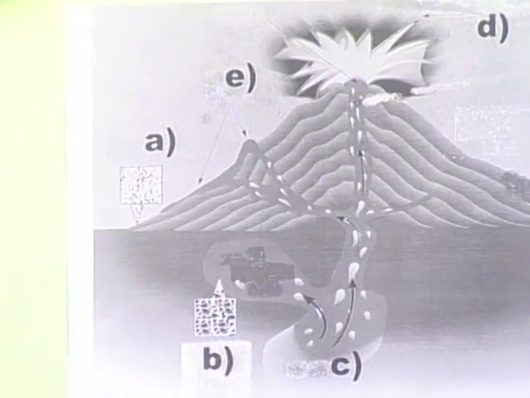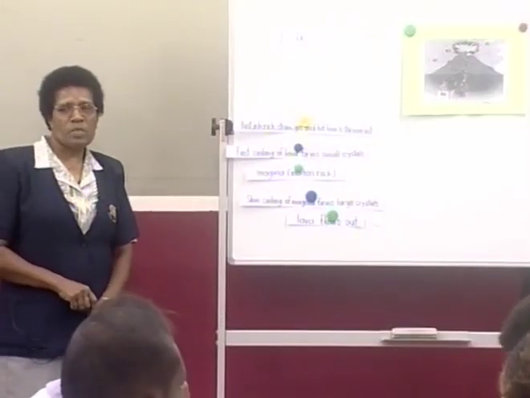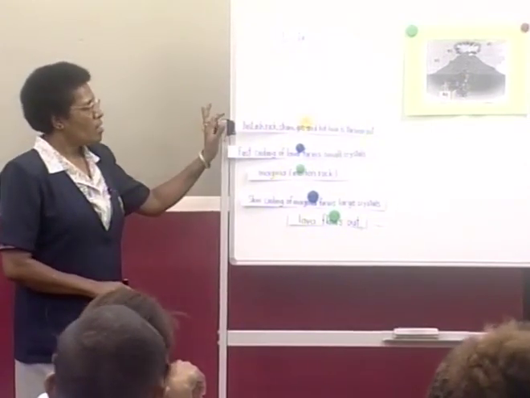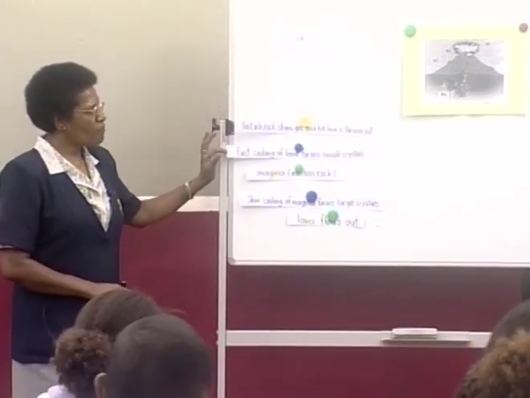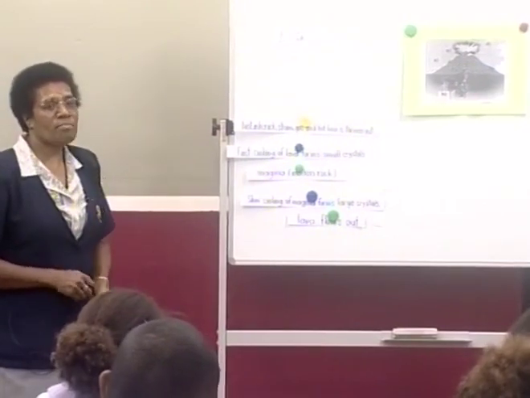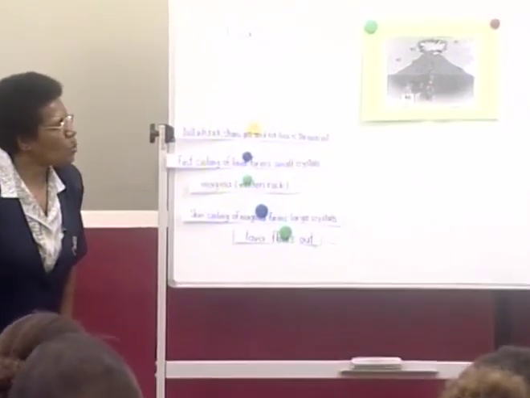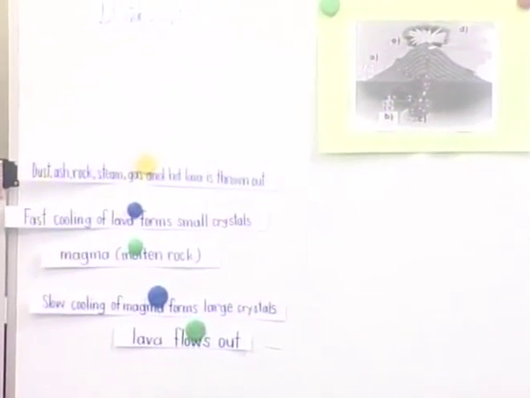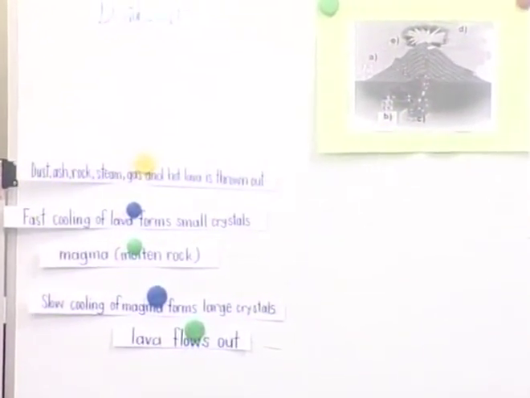Now our teachers and the students, I will be getting your friends in the model class to come and pick one of those flashcards and put them in the correct place where it should go. Our first one is dust, ash, rock, steam, gas, and hot lava is thrown out.